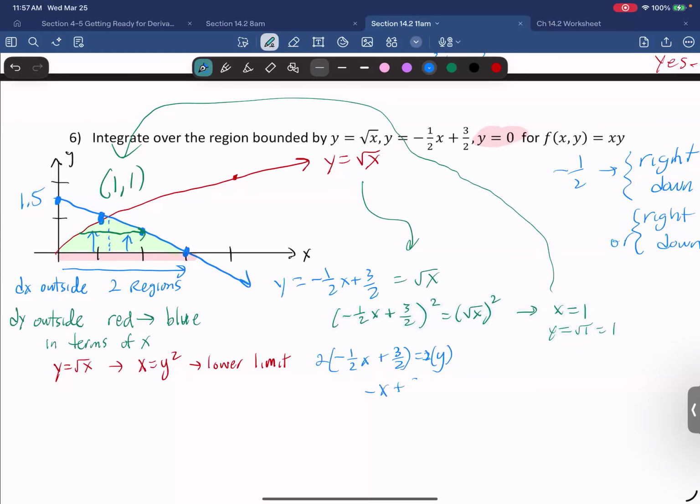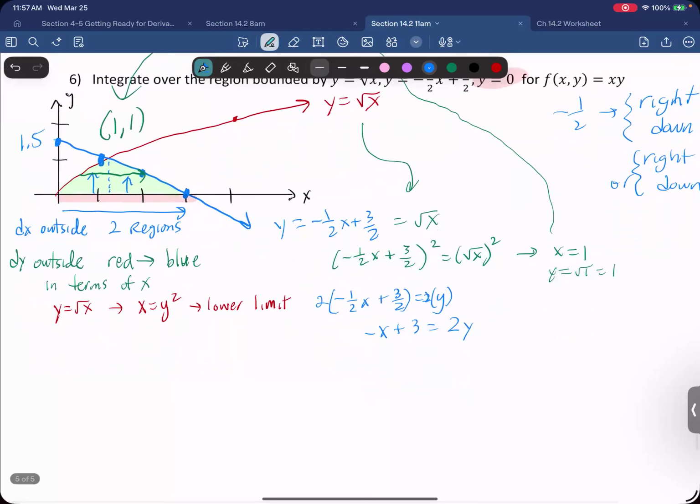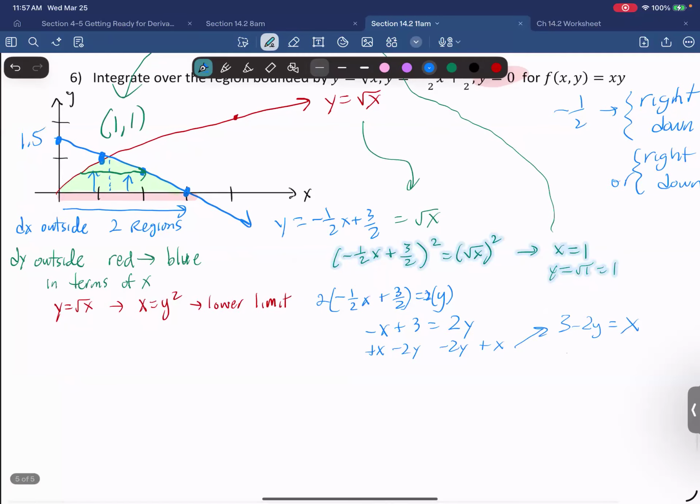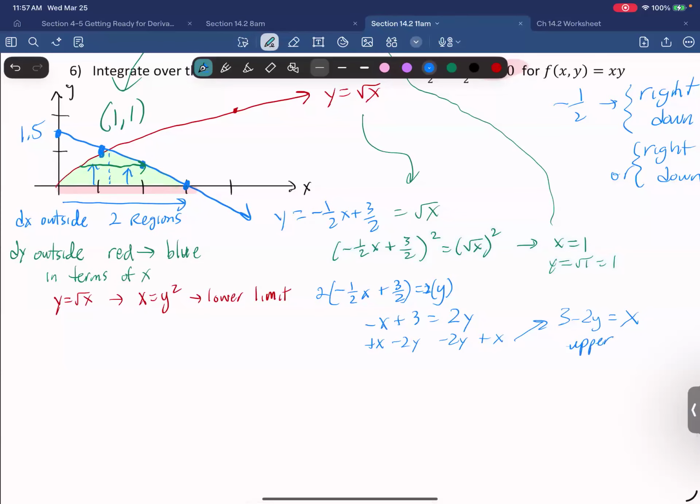And we get negative x plus 3 equals 2y. If I add x to both sides and subtract 2y from both sides, I get 3 minus 2y equals x. And that'll be my upper limit. This is nice. Neither of these has a square root in them.